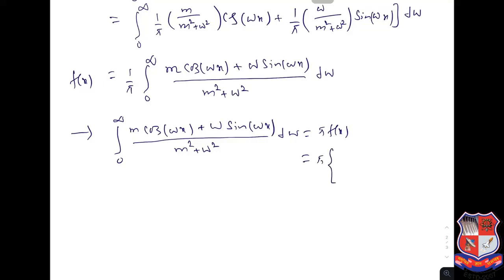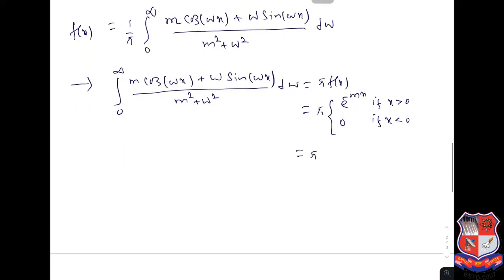So this is pi into, now f(x) is e power minus mx if x greater than 0, 0 if x less than 0. So this is e power minus mx when x greater than 0.